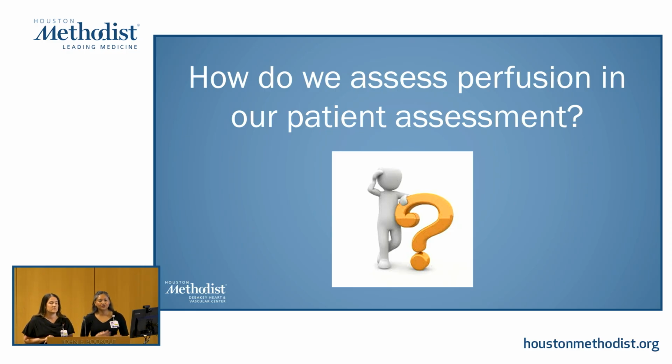Right. So your pulses, your skin color, temperature, are they mottled? Are they cool, warm? Urine output as well, low urine output. Mental status, that's a big one, altered mental status. So basically, if you didn't have any of these numbers, if you didn't have a quantifiable way of knowing your perfusion, then there are the simple things that we do every day by just putting eyes to our patients.